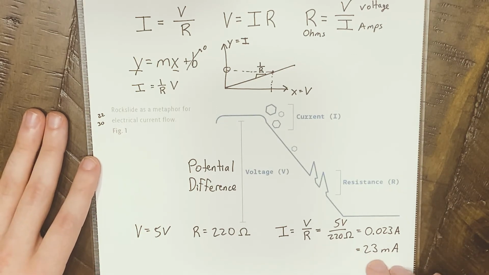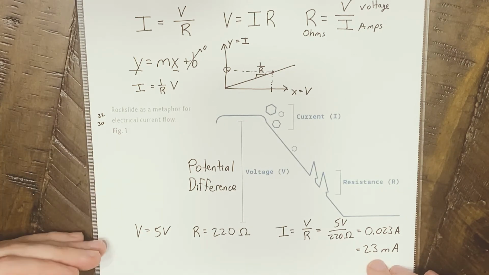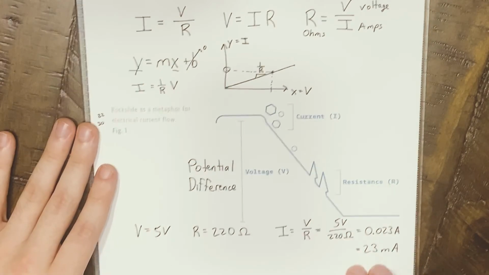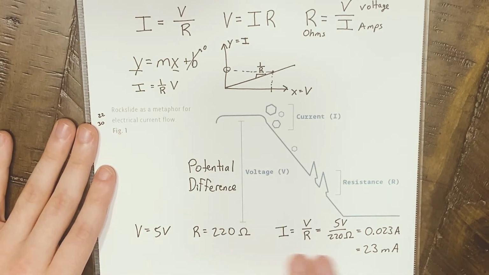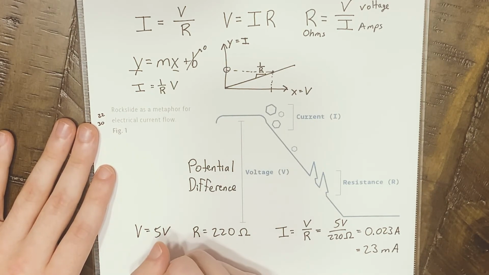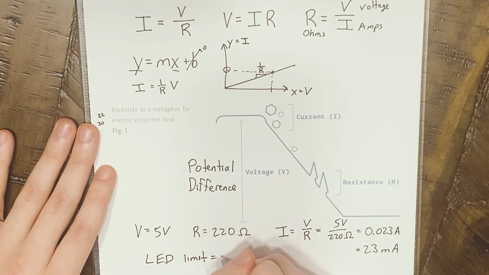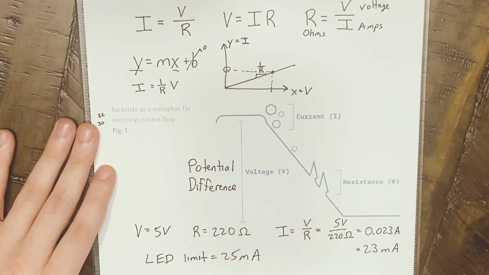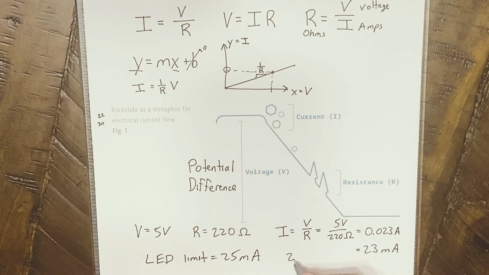If you get much further past that, you're going to shorten the life of the LED, so you always want to be sure that you understand what current, what voltage is going through your circuit at any time. So like I said, the LED limit is 25 milliamps. And because 23 is less than 25, we know we're good.